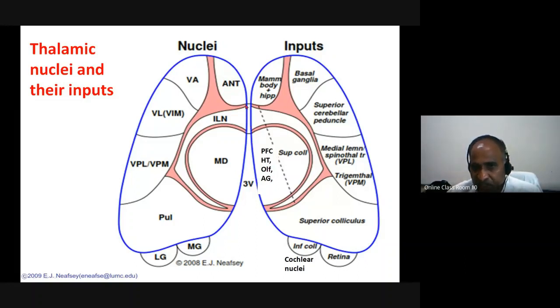This is the third ventricle. And the medial geniculate body is connected with the cochlear nuclei, the lateral geniculate body is connected with the retina. This is a summary in one view. I have tried to name the nuclei and associate their functionality on one side.